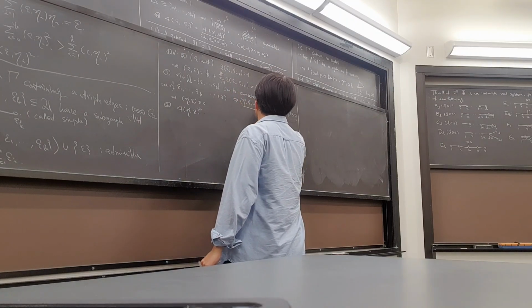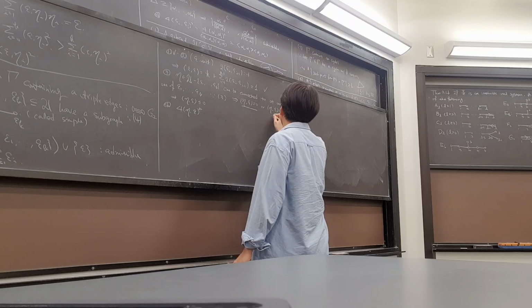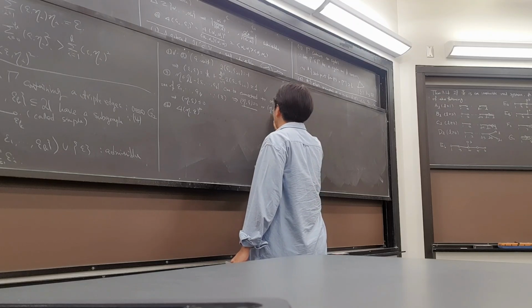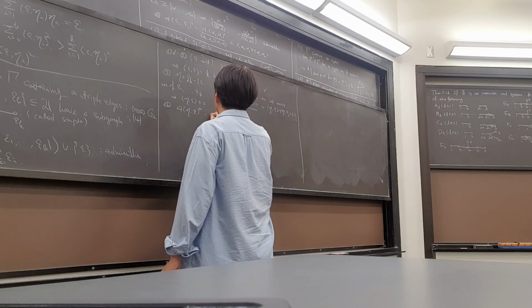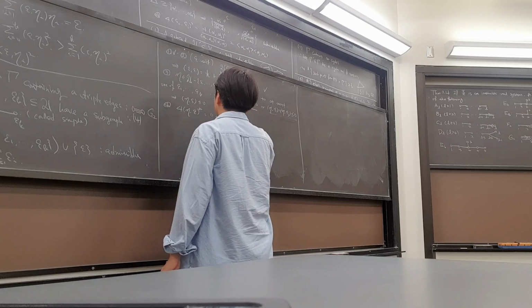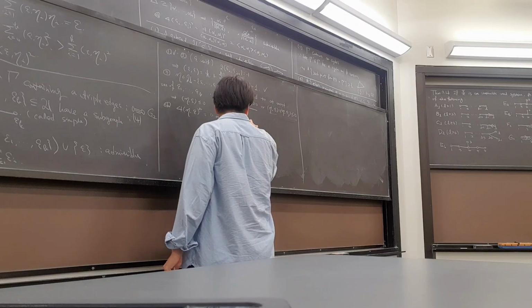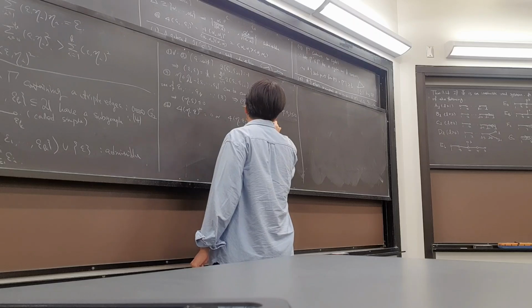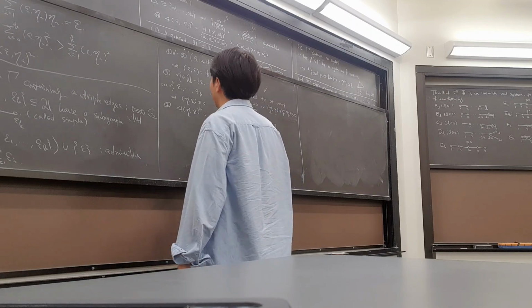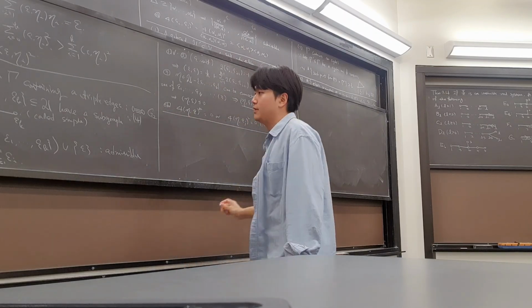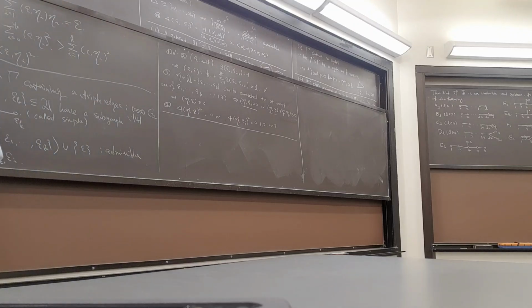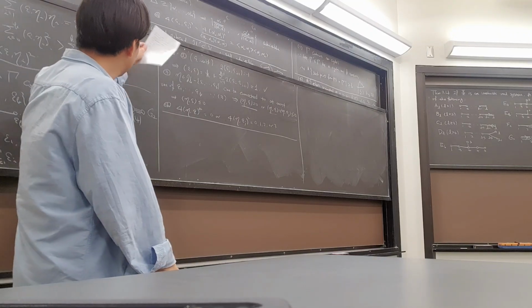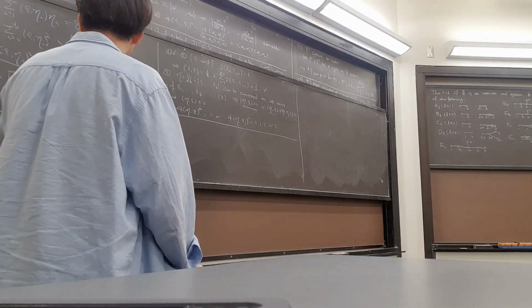And for epsilon j square, we know that this is 0, 1, 2, or 3. So this A prime satisfies the four conditions, so this is admissible.